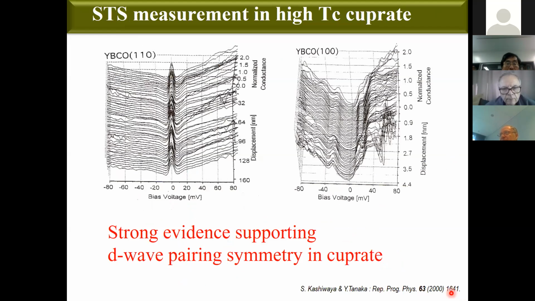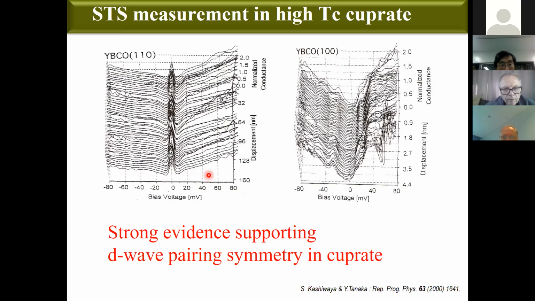Now let's look at the experimental situation. Scanning tunneling spectroscopy was done by my collaborator, Professor Kashiwaya, when he was working at the National Institute in Tsukuba more than 20 years ago. At that time, there was a good postdoc from Germany, Lambert Alff, who made a very important contribution on this topic.